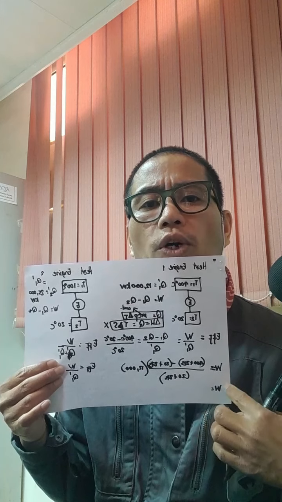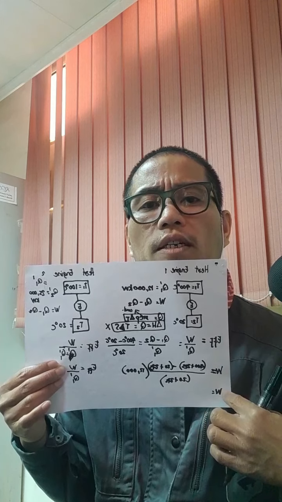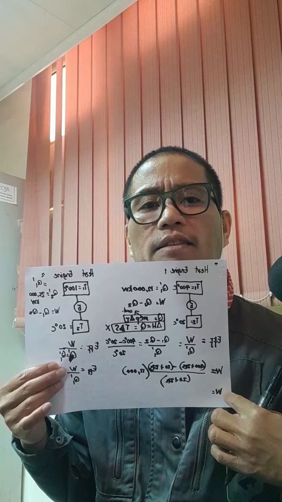So we now have the work done by the system of heat engine 1. Let's calculate this. 400 plus 273 is 673. 20 plus 273 is 293.